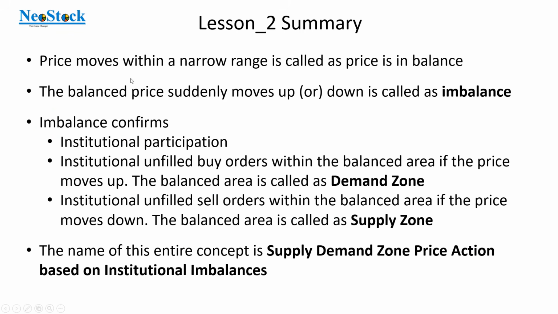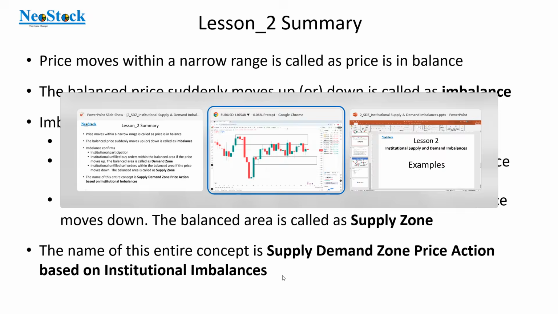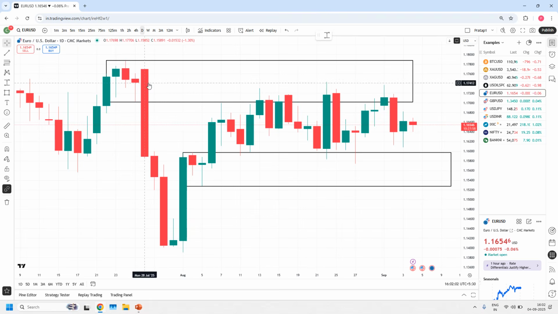That is what I summarized in these points. That's why the name of this entire concept is supply demand zone price action based on institutional imbalances. The imbalance is the confirmation for institutional participation. This is the key point you should understand.